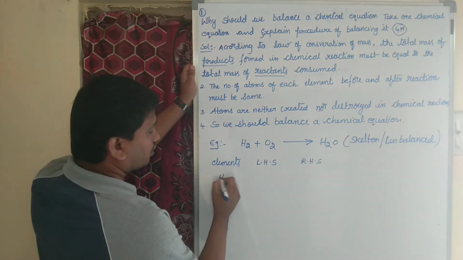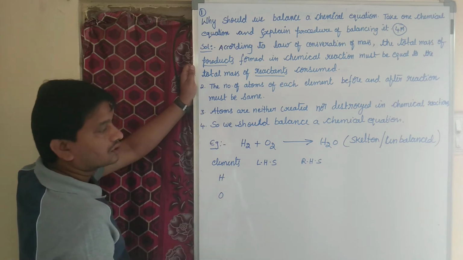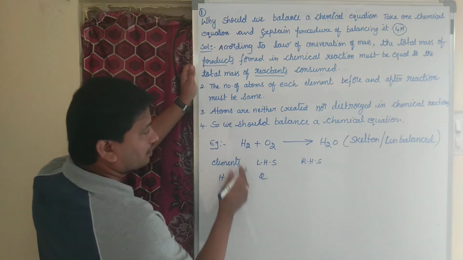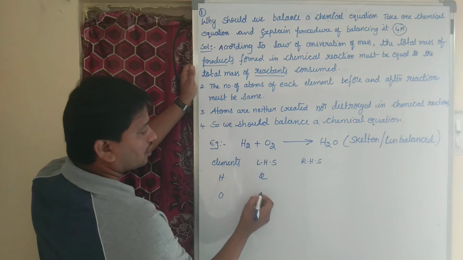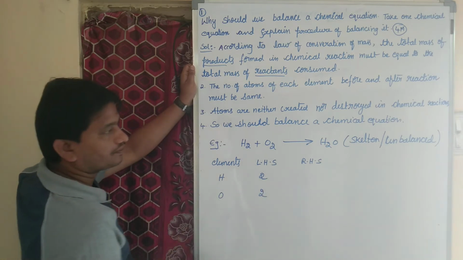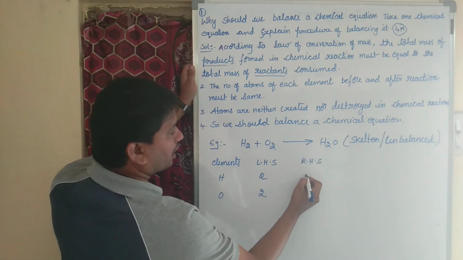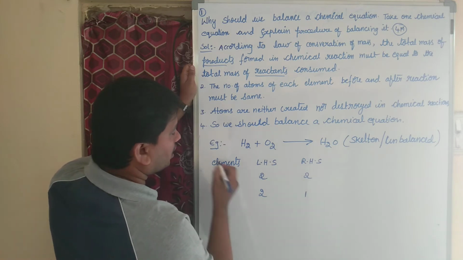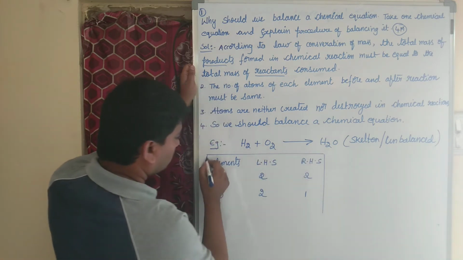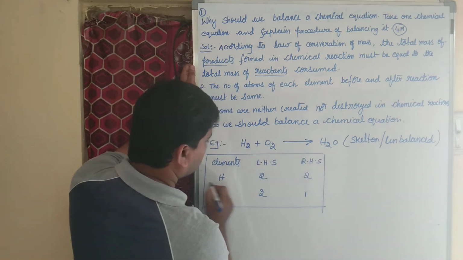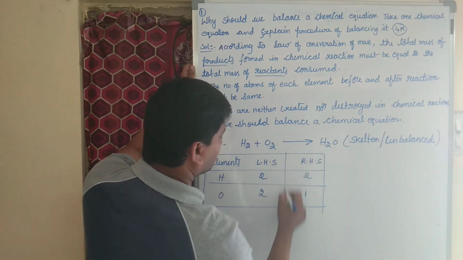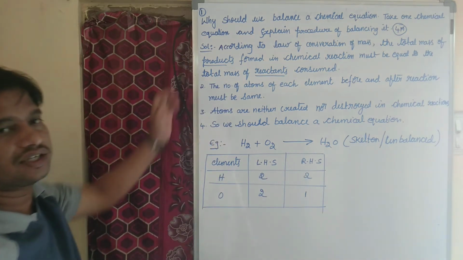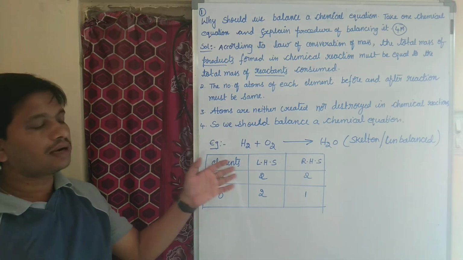So the elements are hydrogen and oxygen. How many atoms of hydrogen here? 2 atoms of hydrogen. How many atoms of oxygen here? 2 atoms of oxygen. Whereas on the right hand side we have 2 atoms of hydrogen, but only 1 atom of oxygen. Is it a balanced equation? Of course, it is not a balanced equation. It is an unbalanced equation.